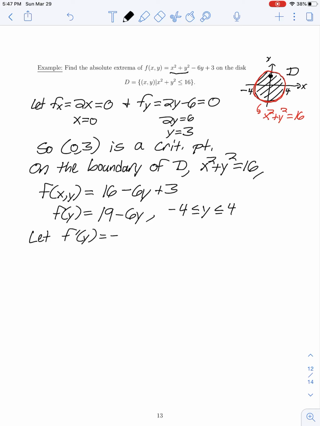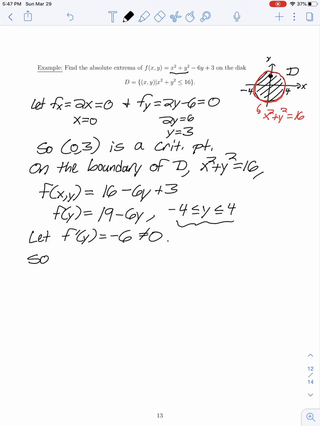Now, to find the extreme values of this single variable function, we would take the derivative of our function, that is f prime of y, which is -6, and we see here that our derivative can never be 0. So there are no critical points within the interval from -4 to 4 of this function, but we have to consider the endpoints of our interval as points of interest.